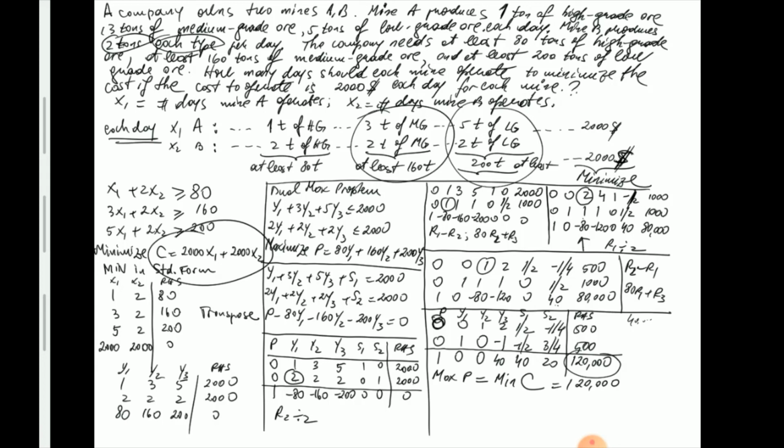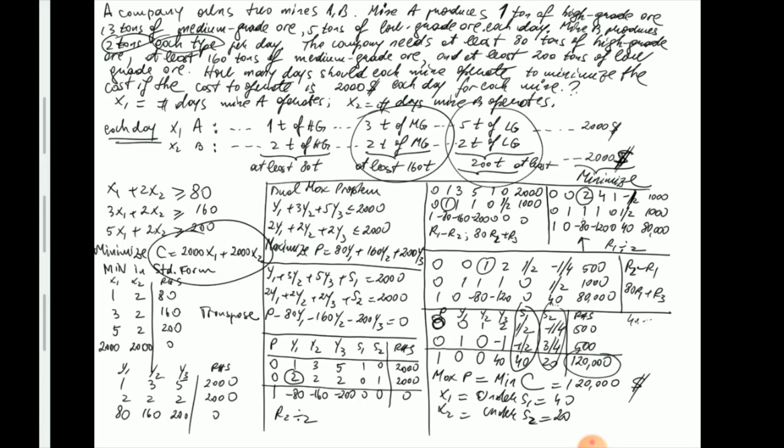This will be dollars because you minimize the cost, and the minimum is attained for the values of x1 identical to the values under the slack variables. So x1 will be 40, x2 will be read under the next slack variable, which in this case is 20.